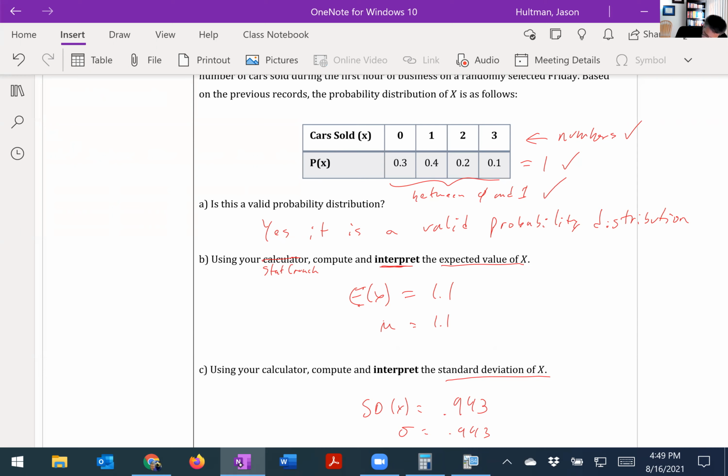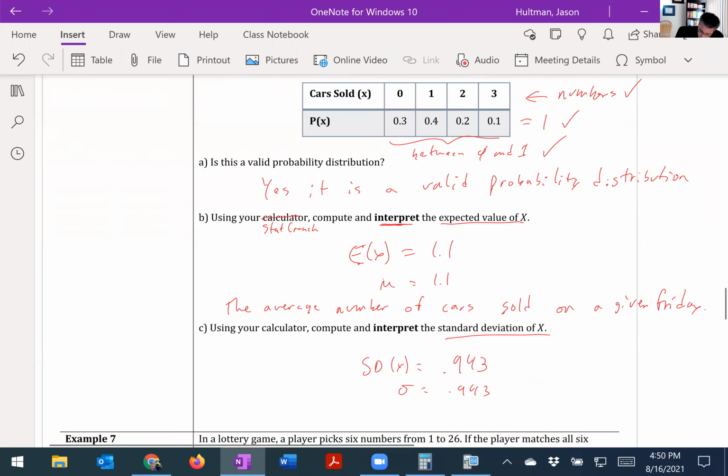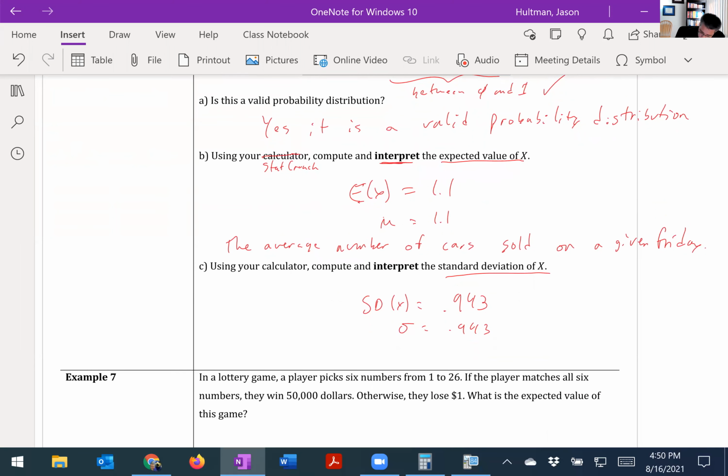Well, this is the average number of cars sold on a given Friday. What about interpreting the standard deviation?